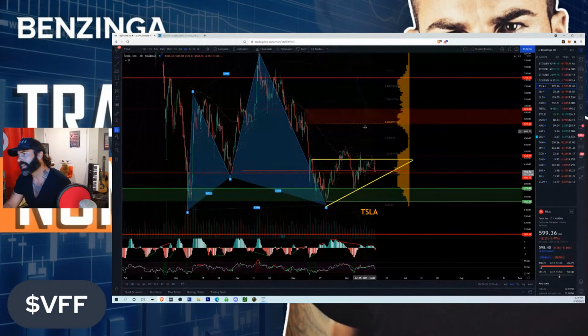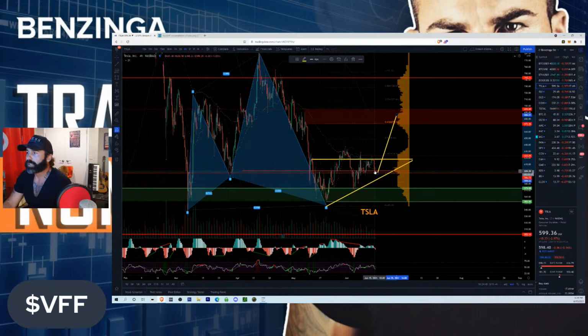So with Tesla, I would probably be looking up here to 672 to 695 is our first zone that we would retest. And if you wanted to look at the 100% measured move of this spring, that's where it would put you, right? So that's what I'm looking for.